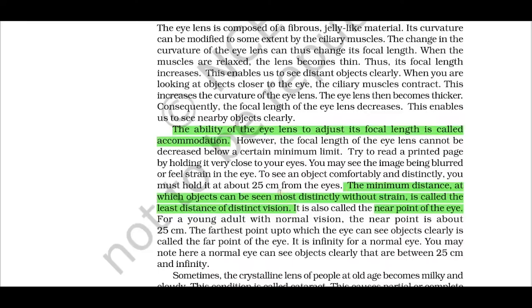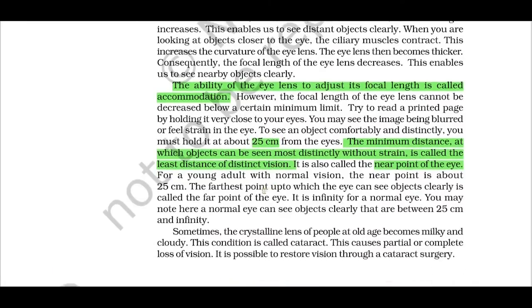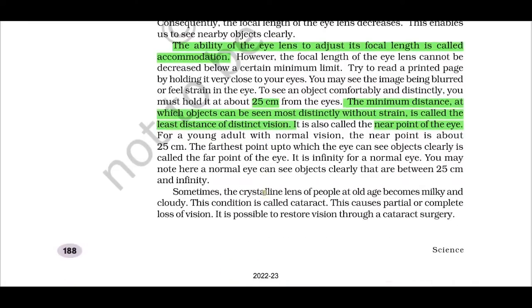What is the near point of an eye? It is 25 centimeter. In the same way, the farthest point up to which the eye can see objects clearly is called what? Far point of an eye. It is infinity. So near point is 25 centimeter, far point is infinity.